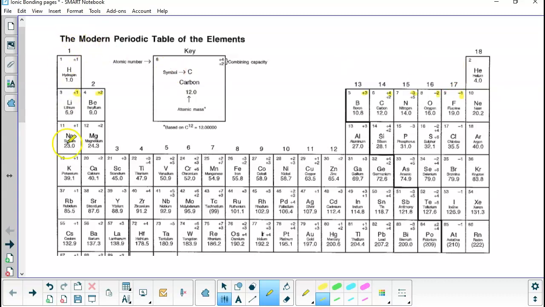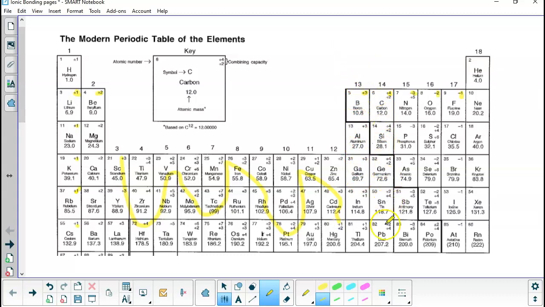You don't have to think about it. But if you look, everything in group 1 has an oxidation number of 1. Everything in group 2, positive 2. Everything in this middle group down here is kind of weird, and we're going to ignore it for now. Okay, these guys are positive 3.